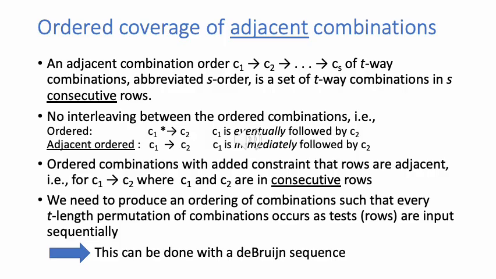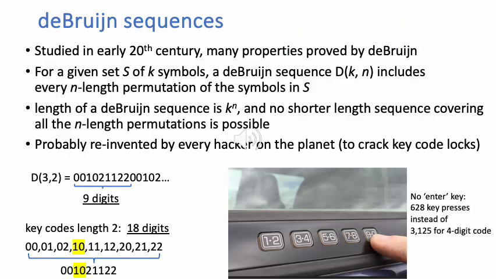Now, if you're familiar with what's called a De Bruijn sequence, that is where we do have a sequence of characters, symbols, where every T-length permutation occurs. So this naturally looks like it might apply nicely to this problem of adjacent combination covering, and so that's what we can do to produce the ordering that we want.